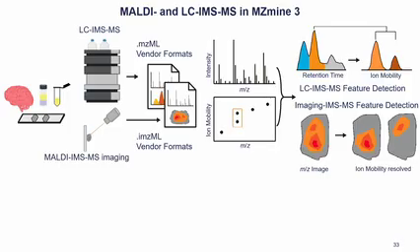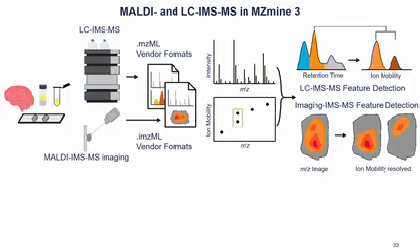We support, as I said, mzML or the vendor format, and we also analyze the same slices by MALDI MS. So again, we get imzML, which is the imaging format, or the vendor format. We get different types of data: the spectra resolved in the time dimension for the LCMS data, and the image distribution in case of the imaging data. And both of these can be resolved by the ion mobility.